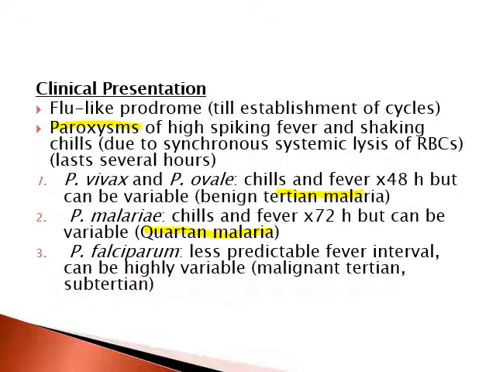In case of Plasmodium falciparum, there is a less predictable fever interval and it can be highly variable, so we call it malignant tertian or subtertian malaria. We call Plasmodium falciparum malignant malaria because sometimes there are no paroxysms, and so it is subtertian, and sometimes it has high fever with very severe complications.